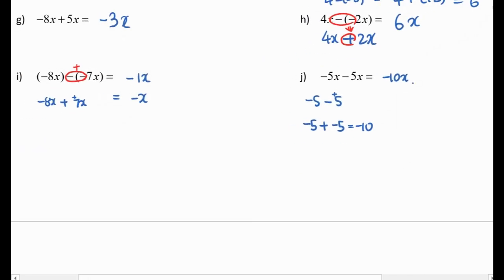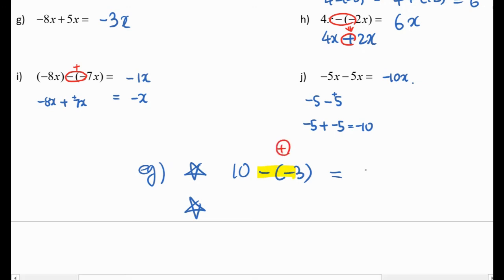Alright everyone, remember this. I'm going to let you know the shortcut. For example, when you have 10 minus negative 3, again everyone, when negatives are together, it becomes positive.